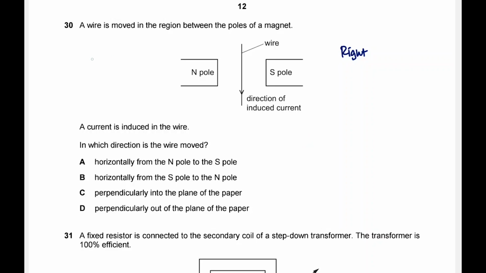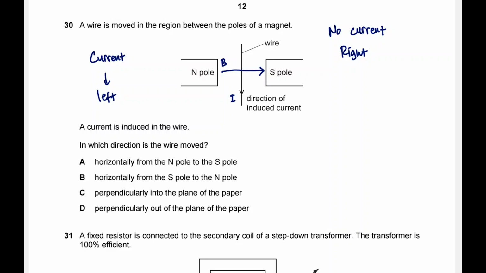Once more, if current is there, we use the left hand. But if there is no current and we are inducing or generating the current, no current initially, we are going to use the right hand. Now we have magnetic field to the right, and the induced current is downward.